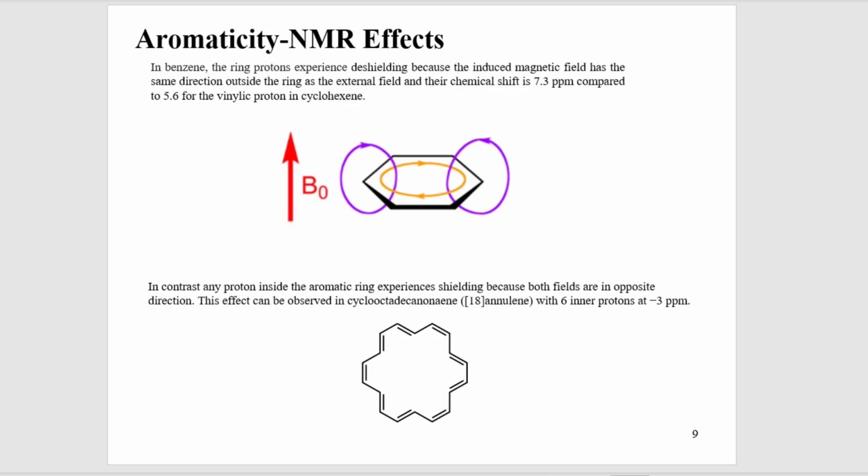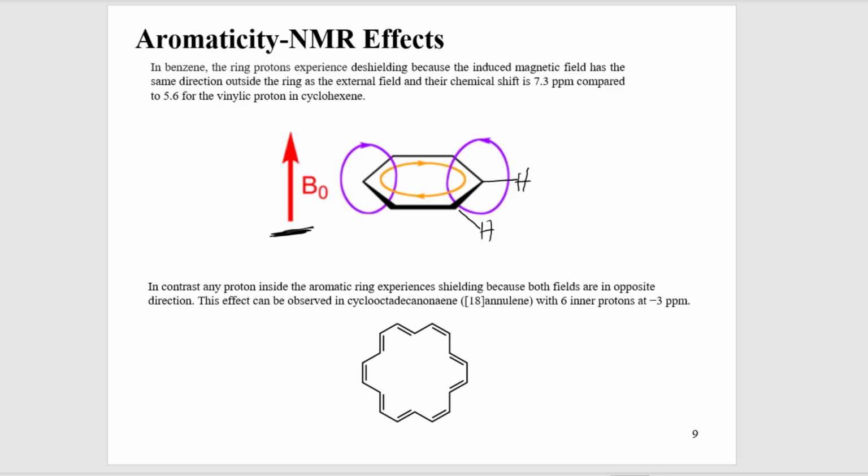Some of that has to do with the effects of the magnet. So in benzene in particular, since we're talking about benzene the most, the ring protons on the outside experience deshielding. That's why you see it so downfield, around 7 ppm, because the induced magnetic field has the same direction outside the ring as the external field, B0.